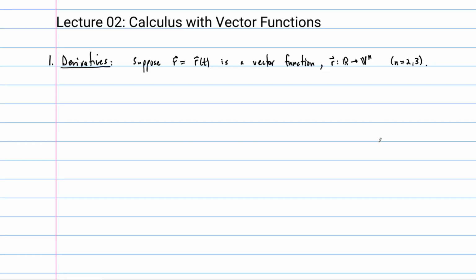So like I said, let me sketch a picture of this. The idea is going to be very similar, at least geometrically, to the derivative of just a regular function in Calc 1. So here's our x, y, z coordinate axes. And remember how this vector function works. It takes in a value over here, call it t, and the vector function is going to assign, for every value of t, a vector over here in 3-dimensional space.